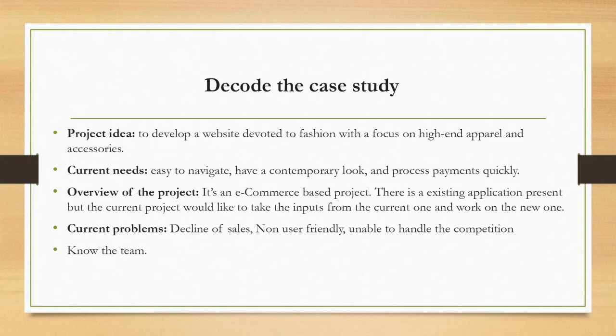So already we discussed Miss Pandana. She already had this application, but it is a flop. It is not running well because there are some issues: there is no contemporary look, and the payment process is not going well.